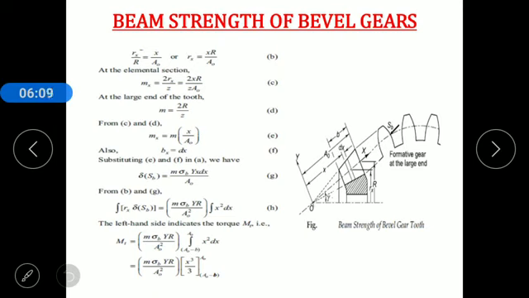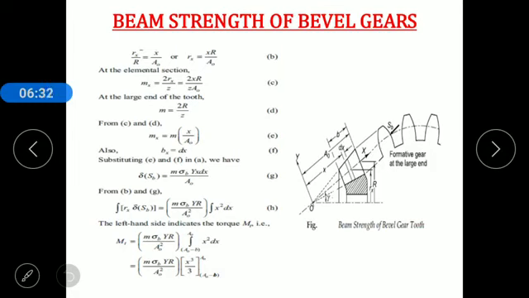Consider equation E. Also, face width of elemental section, that is bx is equal to dx, that is shown on the figure. Now here we substitute the value of mx and bx, means we substitute equations E and F in equation A. Equation A is the Lewis equation for formative spur gear.